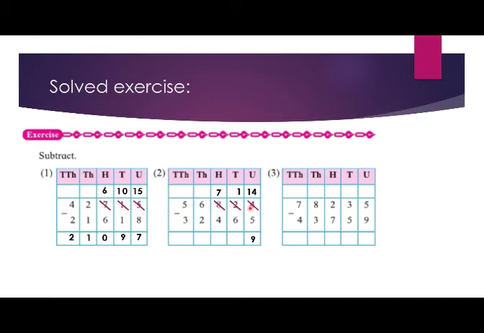And now I'll pass on 10 hundreds to this tens. That is 11. Now 11 minus 6, it's 5. Now I can subtract this 4 from this 7. Yes, of course I can. So this is 3. 6 minus 2, 4. 5 minus 3, 2.